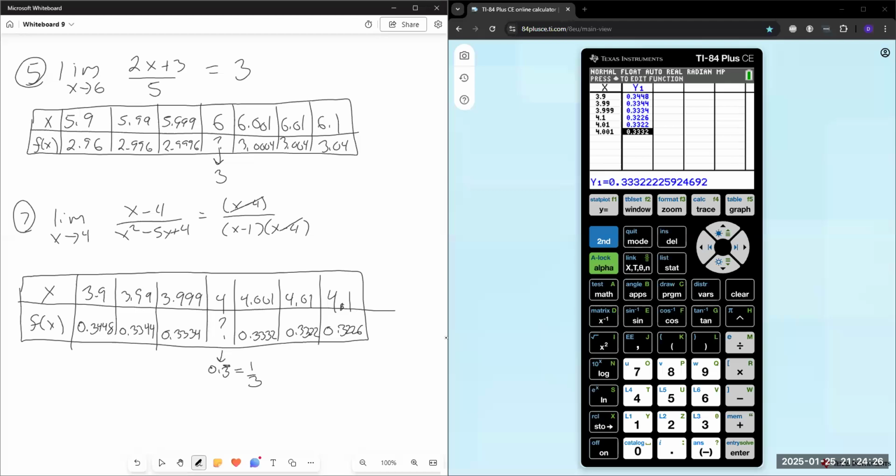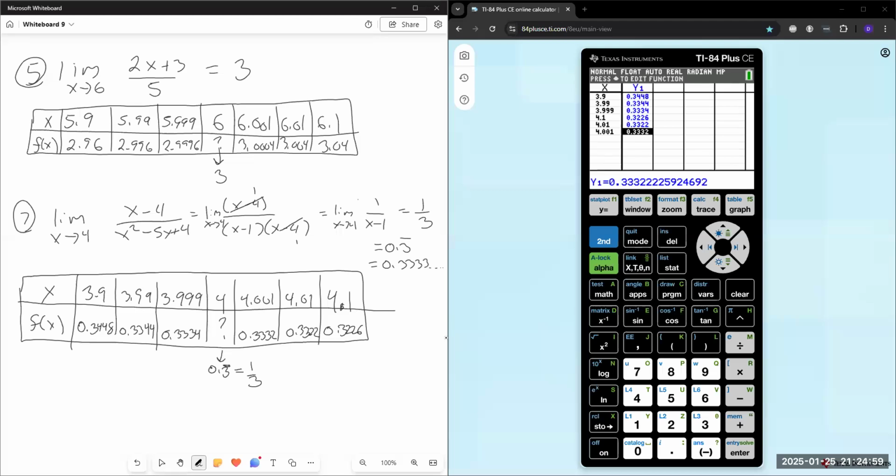So that common factor cancels and leaves me with the limit, and I need to keep my limit symbol here as x approaches 4. The limit as x approaches 4 of 1 over x minus 1, and then I can stick the 4 in there. 1 over 4 minus 1 is 1/3, and that is equal to 0.3 repeating.